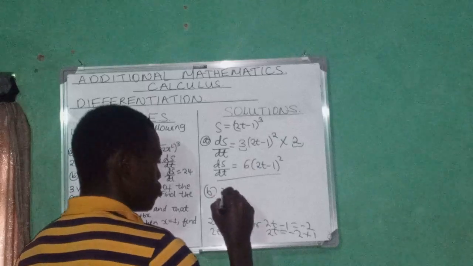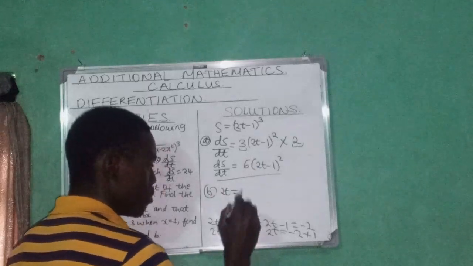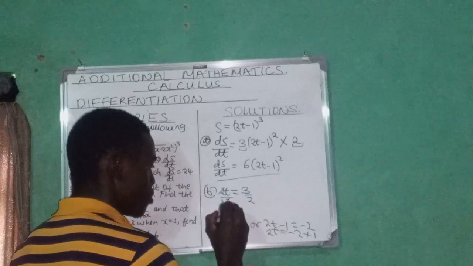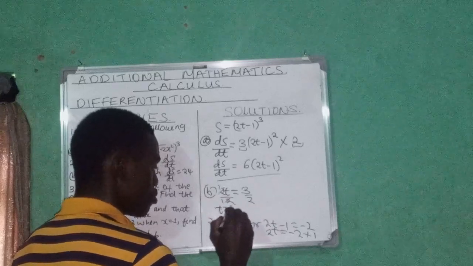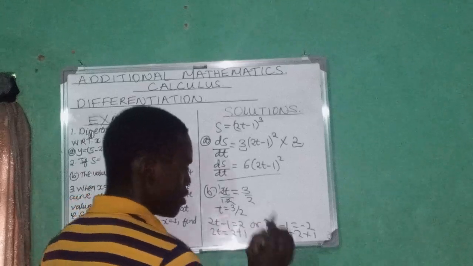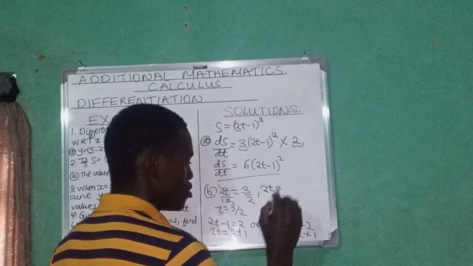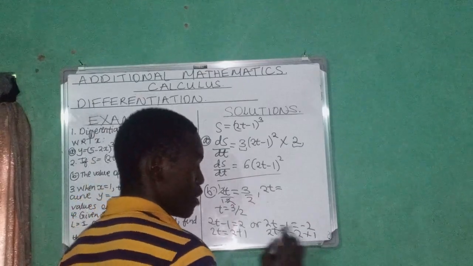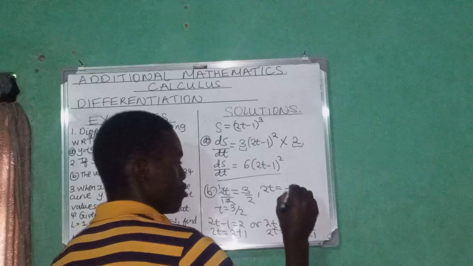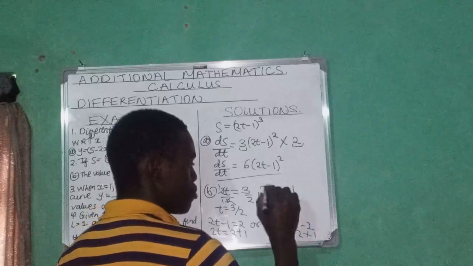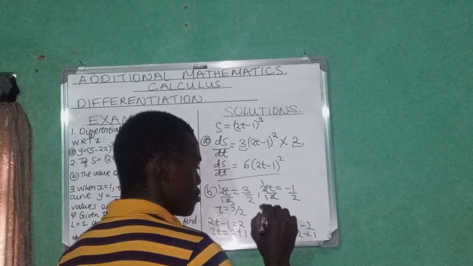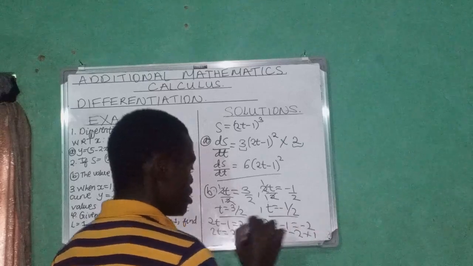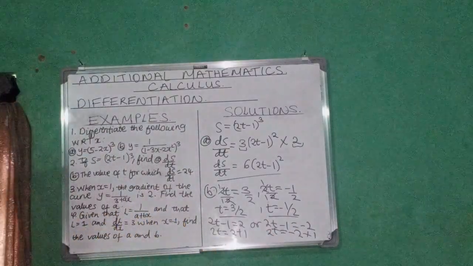You have your 2t is equal to 2 plus 1 is 3, you divide by 2, you divide by 2. 2 can go into itself 1, into itself 1. t is equal to 3 over 2. And then here, 2t is equal to negative 2 plus a positive 1, you're going to have a negative 1. You divide both sides by 2. t is equal to negative 1 over 2.